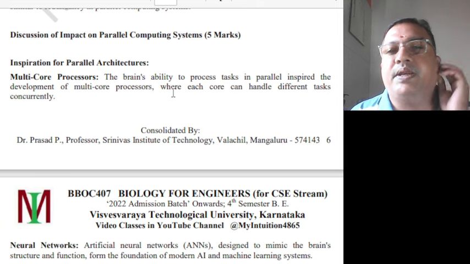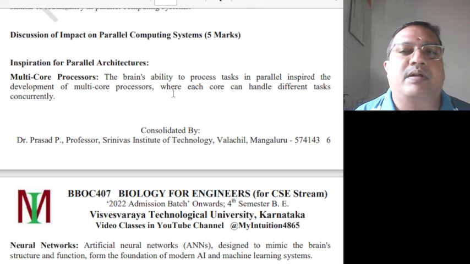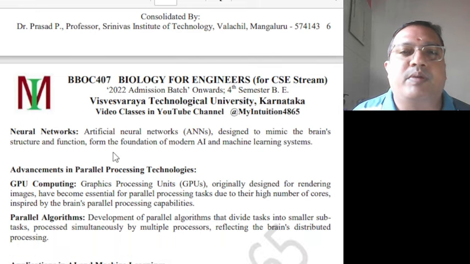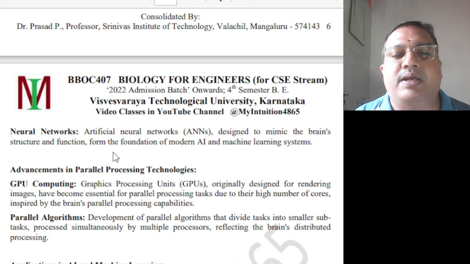The brain's ability to process tasks in parallel inspired the development of multi-core processors, where each core can handle different tasks concurrently. Means comparing the brain's ability only, the multi-core processors are developed. Okay, may not be working the same as the brain, but the same concept is used. It should work in that way.